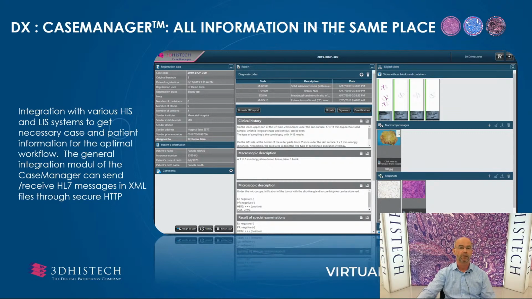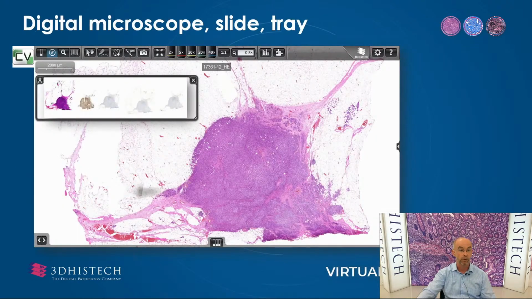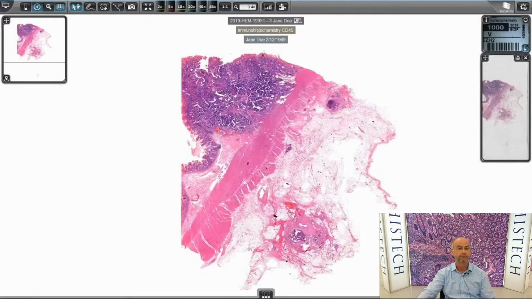And this case manager is a superficial opportunity to work with our previous developmental tools and digital microscopy tools, like the digital microscope, which can deal with the digital slide tray. And in this digital microscope tooling, we find all and extra features of the optical microscope, magnification, movement, but also annotation, management.